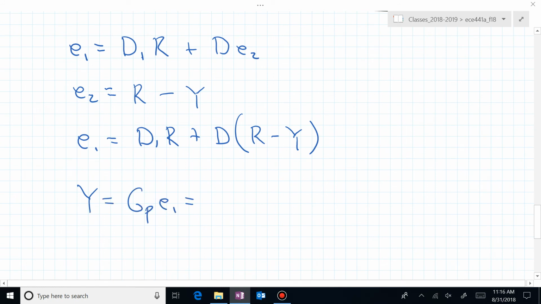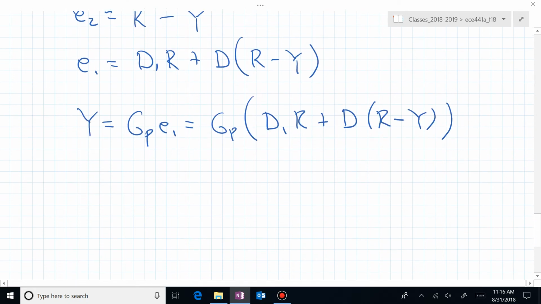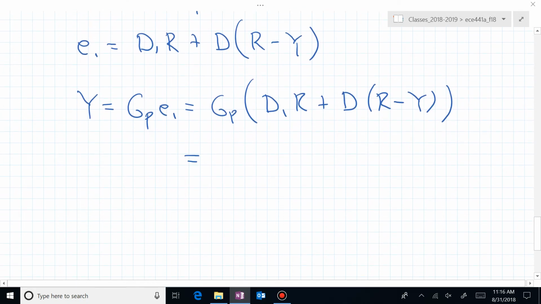Let's now plug in the E1 that we most recently found an expression for, and we have G sub P times D1 R plus D times R minus Y. Let's distribute all of those terms, and we now have G sub P D1 R plus G sub P D R minus G sub P D Y.